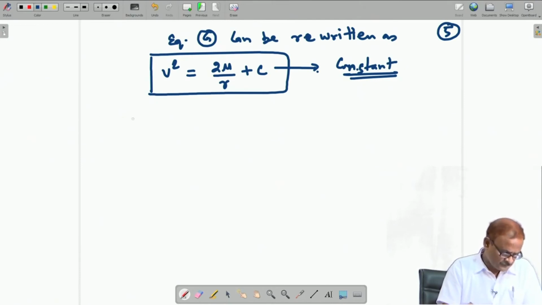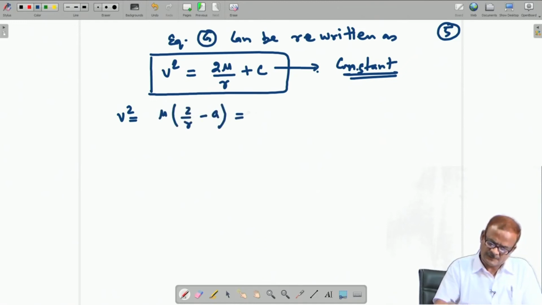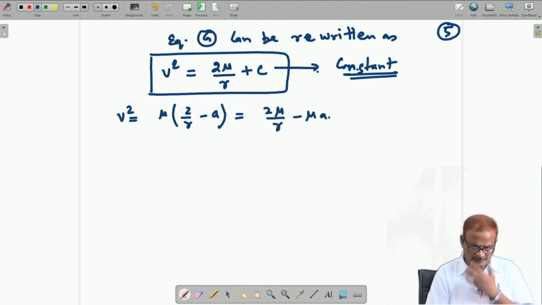Now, we will also utilize one relationship for v square, which we are going to prove later on, perhaps; till now I have not done it. v square equal to mu times (2 by r minus 1 by a), that is, 2 mu by r minus mu by a.